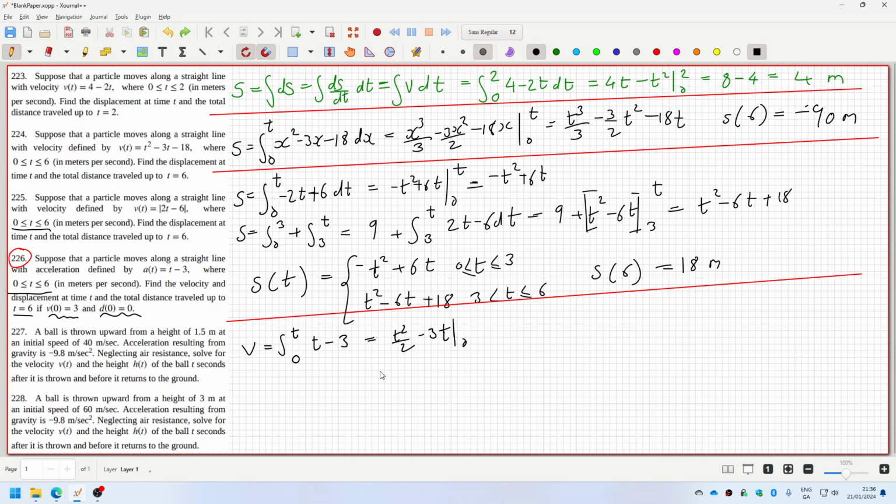I want to get the syntax right here. So this would be dv, and it'd be 3 to v, but we could change this to dt, which is the acceleration.